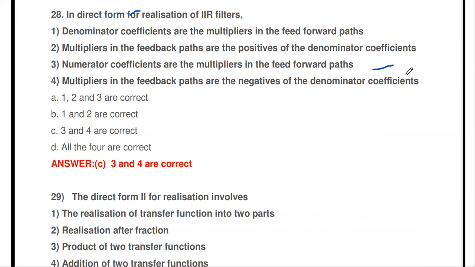So 3 and 4 is the correct answer. Okay, so while realizing the IIR filter in direct form, these two things are correct. Okay, 3 and 4 is correct.